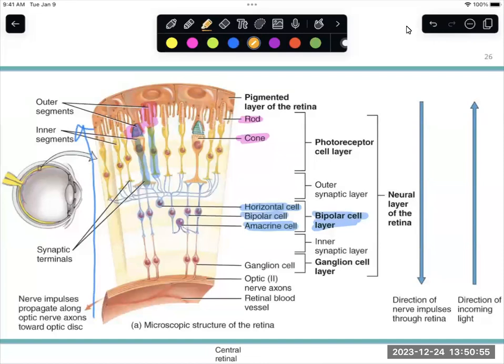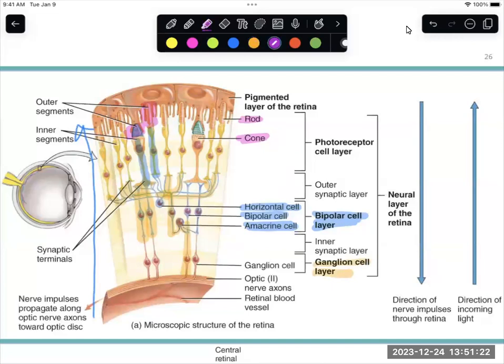So these cells could connect directly to these bipolar cells. They could connect to these horizontal cells, which will then connect maybe to an amacrine cell, which will go down to this ganglion cell layer.